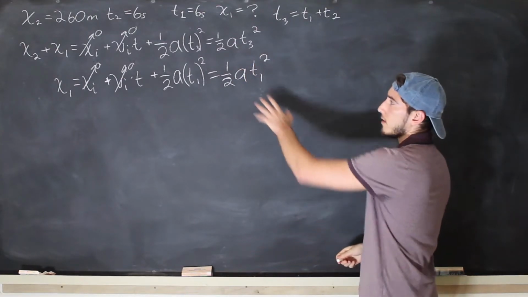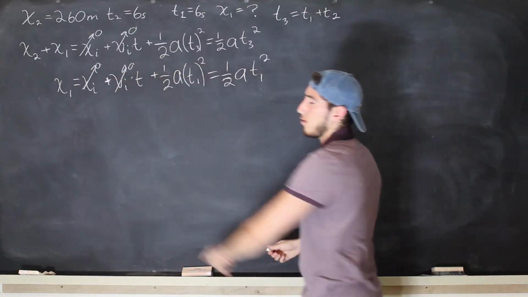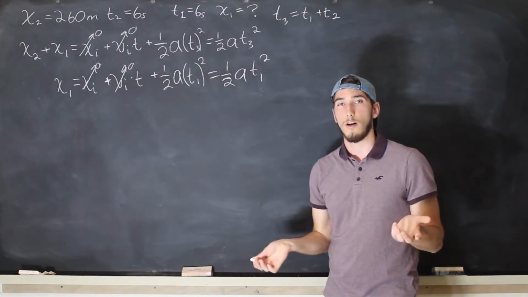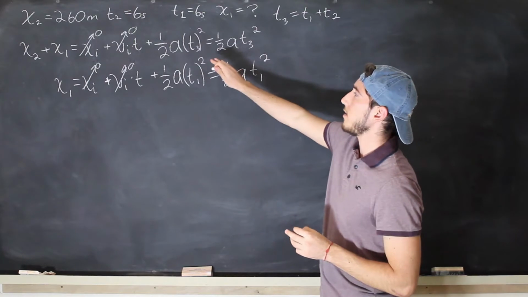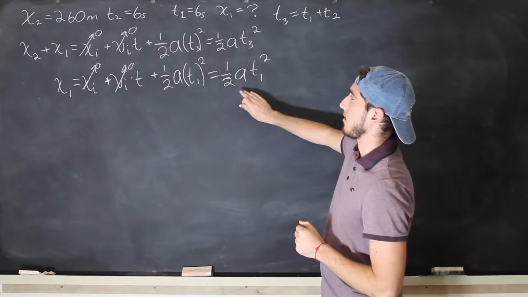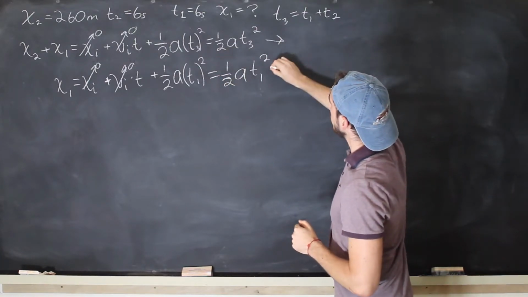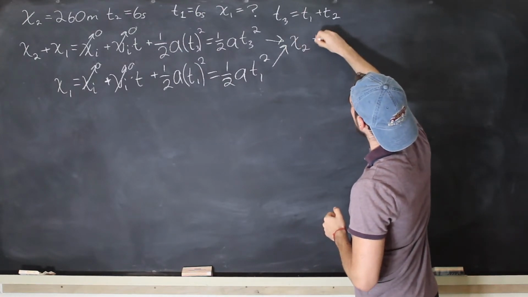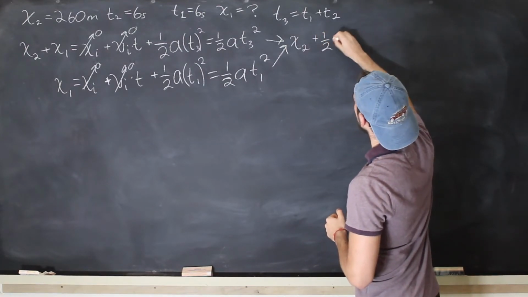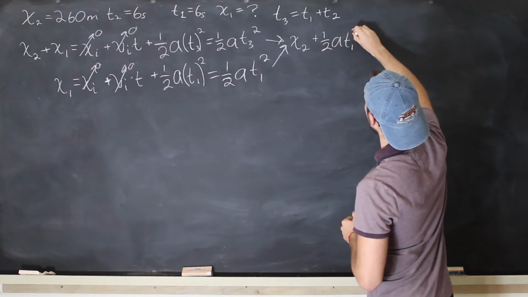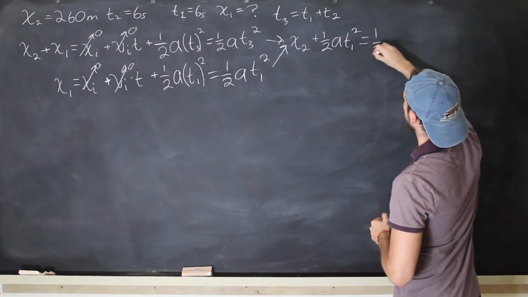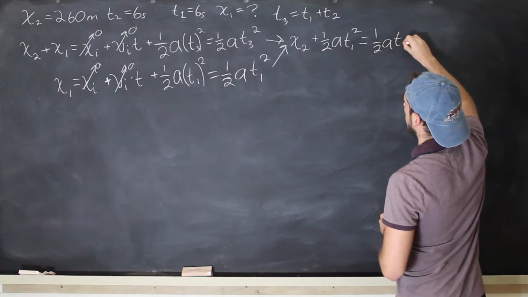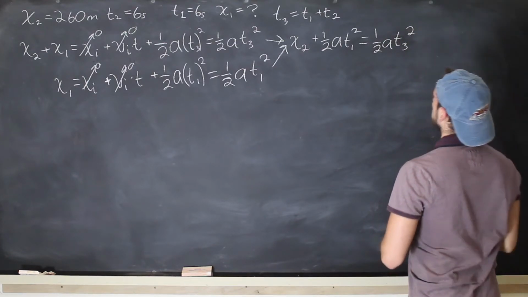So now we can plug this in here, and we're no longer going to have two unknowns, right? The only unknown that's going to be left is acceleration. So if we combine these two, we're going to have x2 plus 1/2 acceleration time 1 squared is equal to 1/2 acceleration time 3 squared.